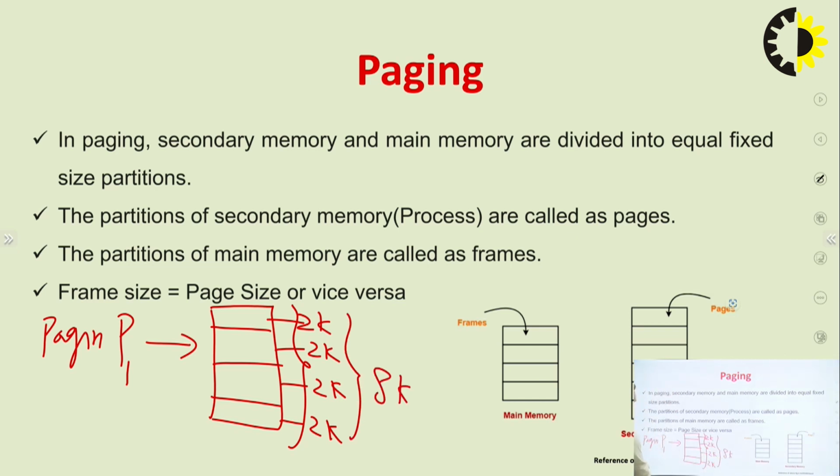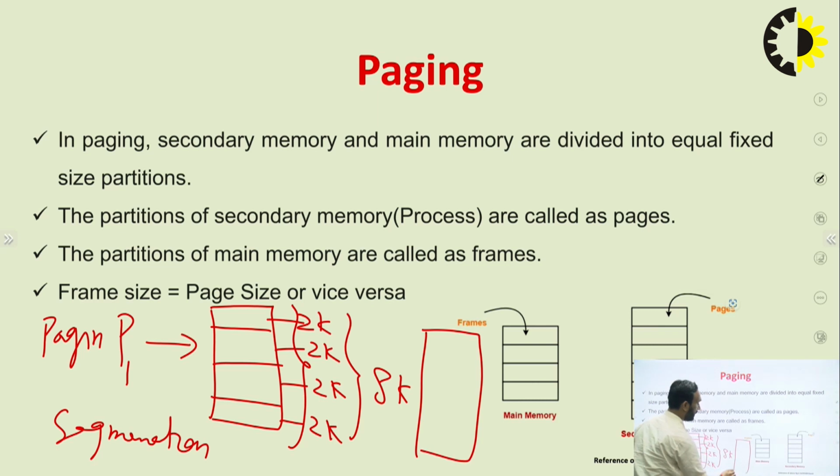But in segmentation, the same process may be divided so that the first part is 2K, the next part is 4K, and the other two parts are 1K and 1K.